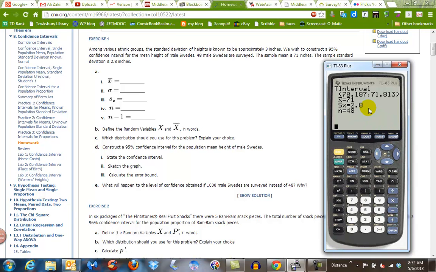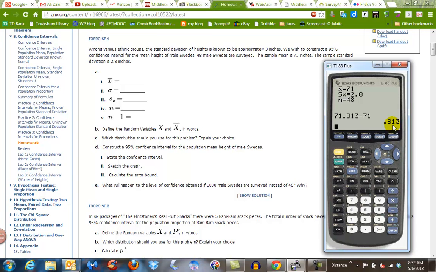Again, we can find our error bound: 71.813 minus 71, and we get 0.813 or 0.81.